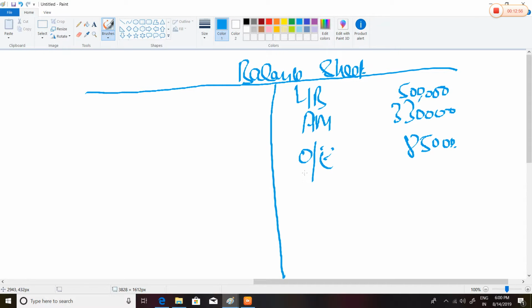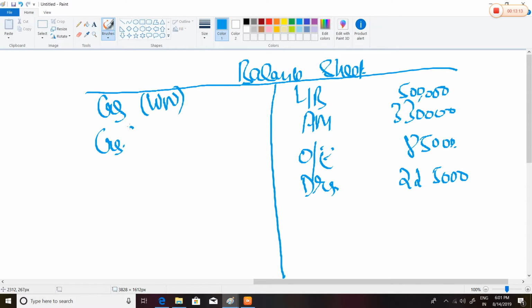Then debtors 2,25,000. Creditors for purchases we have to compute in the working note, and creditors for expenses, that is outstanding expenses, is 15,000.